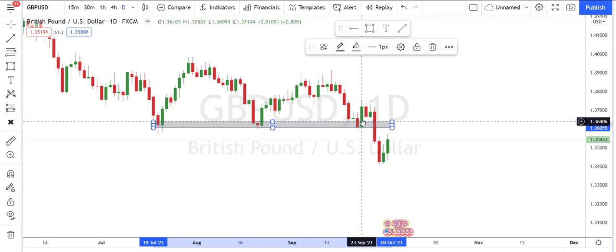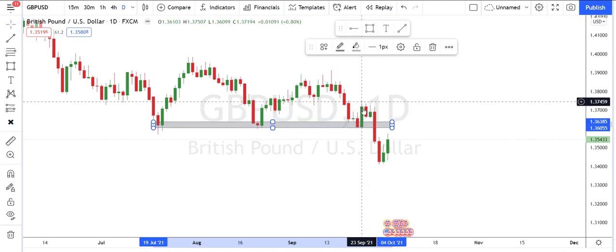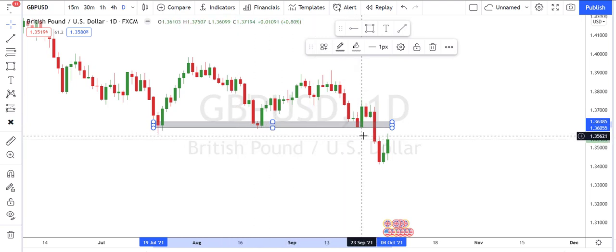But then if you observe this bullish candle right here, this candle actually has a purpose. This candle sent a confirmation to retail traders that the support is still valid, and a lot of retail traders entered the market taking buy orders, and their SL was here.